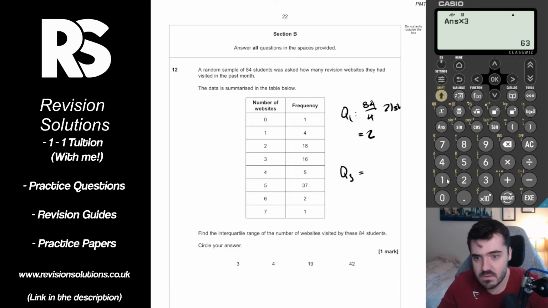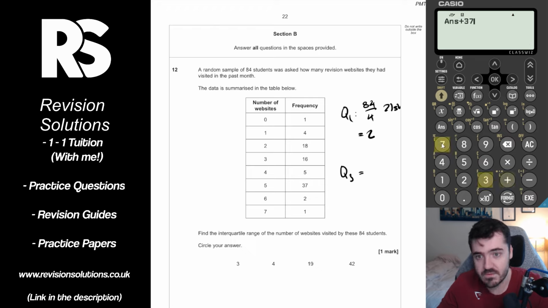So let's go down. Adding up the frequency as we go along, we've got 1 plus 4 plus 18 plus a 16. Let's see how far that gets us. So we're only at 39 now. So then plus the 5. And then that's 44. So we're definitely going to be in the next group of 5.